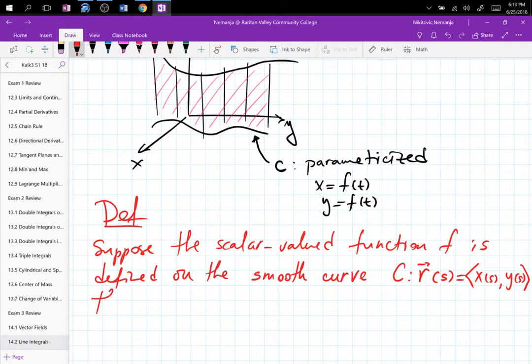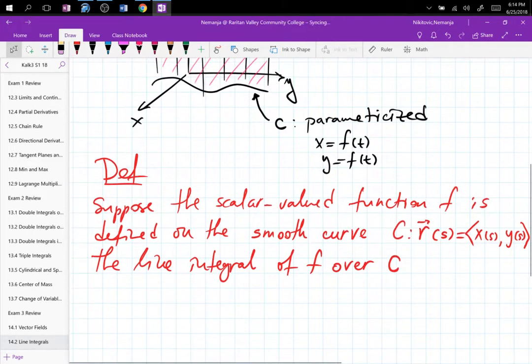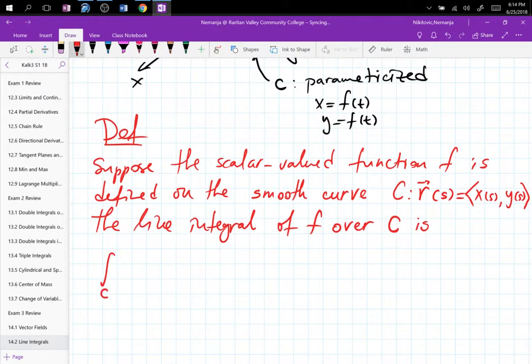So the line integral of f over C, the integral over C of f of x of s and y of s ds, is equal to the limit.